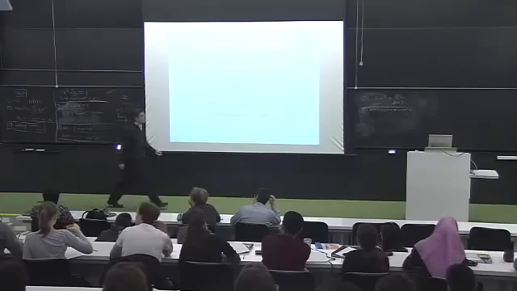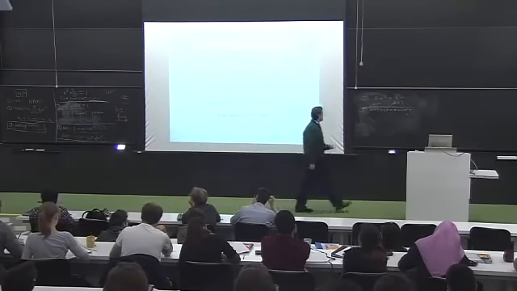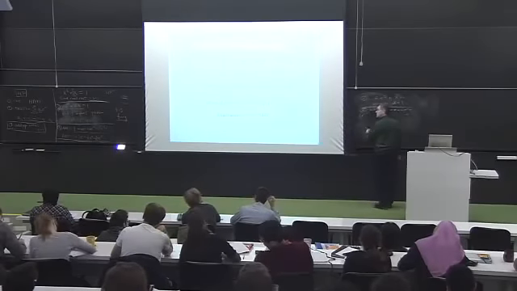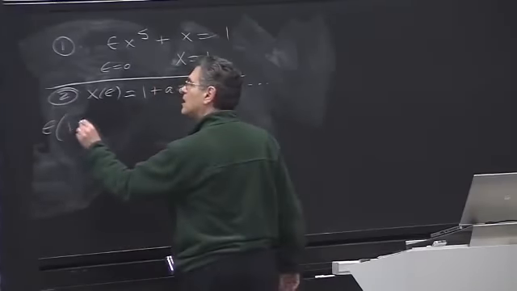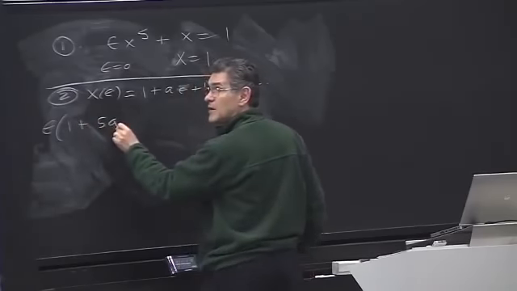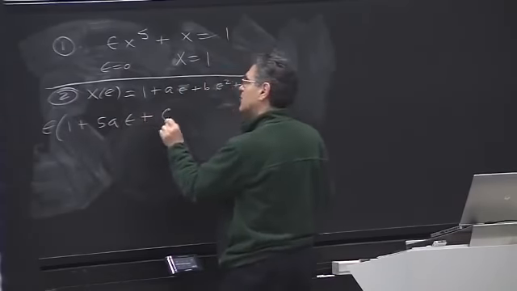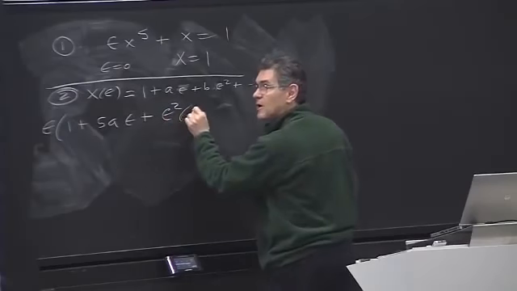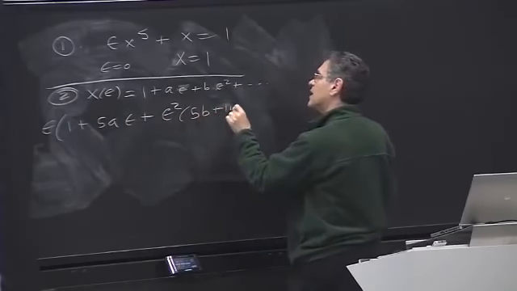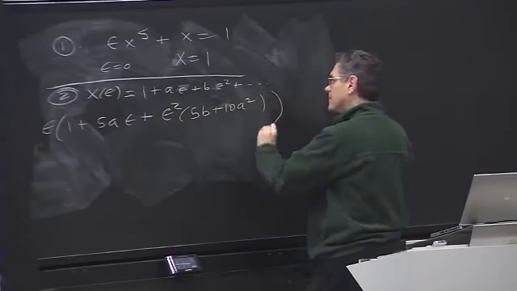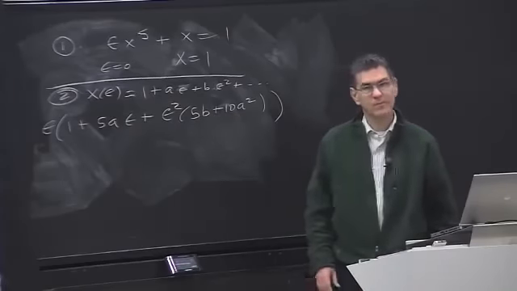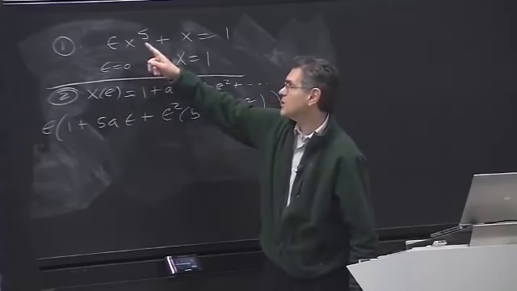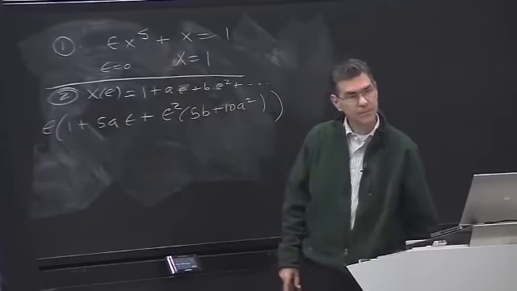So when we do perturbation theory, we have epsilon times 1 plus 5a epsilon plus epsilon squared times 5b plus 10a squared. Okay, there's the epsilon times x to the 5 term.